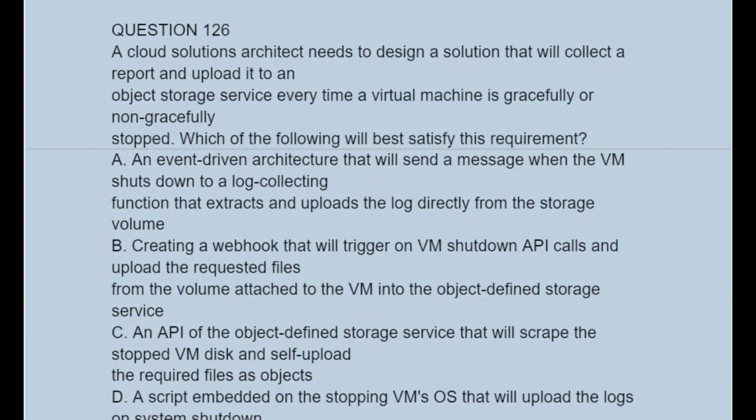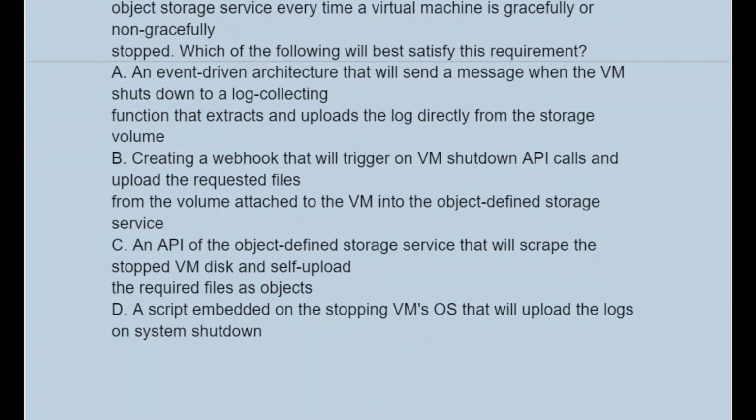Question is, a cloud solutions architect needs to design a solution that will collect a report and upload it to an object storage service every time a virtual machine is gracefully or non-gracefully stopped. Which of the following will best satisfy this requirement? Option A. An event-driven architecture that will send a message when the VM shuts down to a log collecting function that extracts and uploads the log directly from the storage volume.